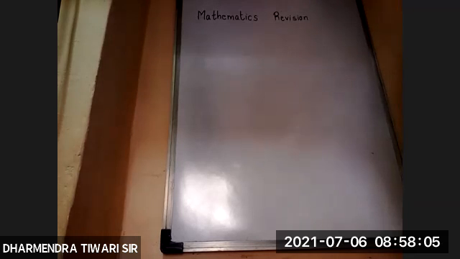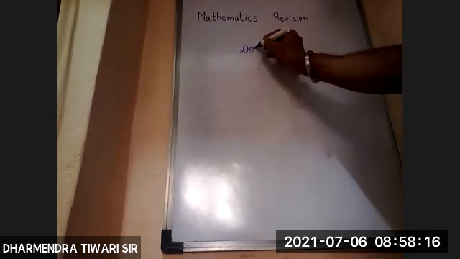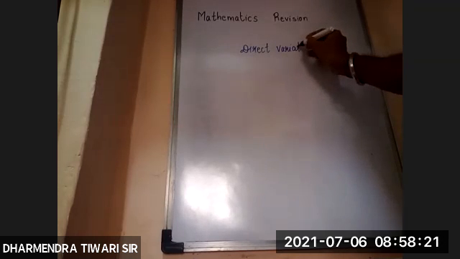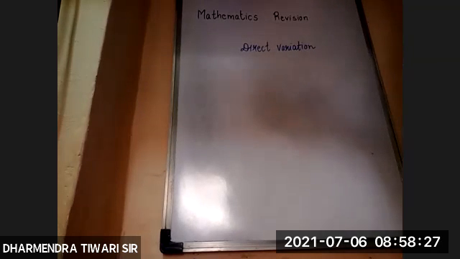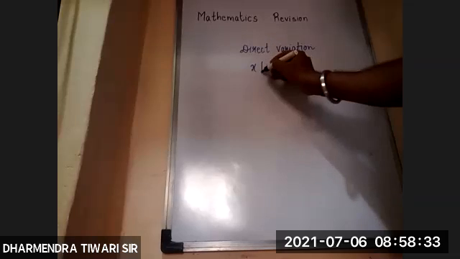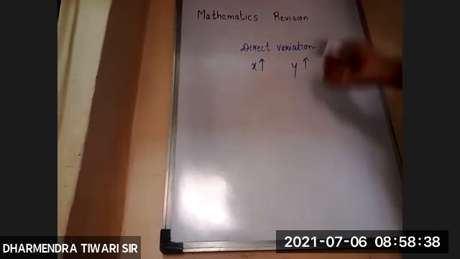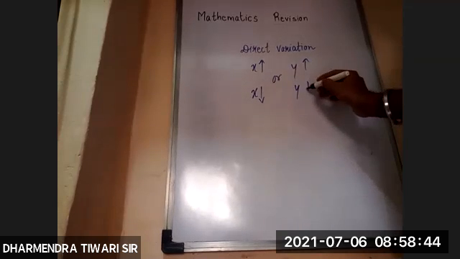Yesterday we have done variations. I have told you that variation means change. In that we have seen a change of the type direct variation. So direct variation means if we are having two variables, x and y, if x increases, then y also increases, or x decreases, then y also decreases.